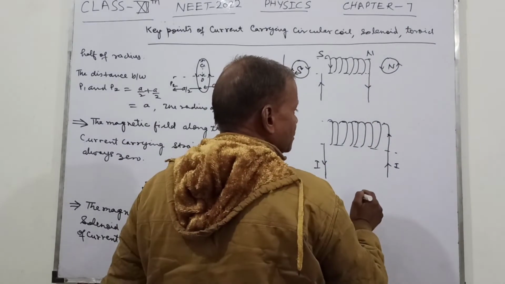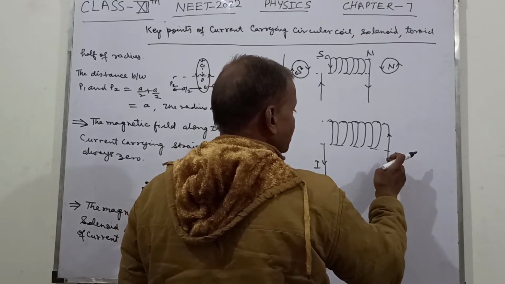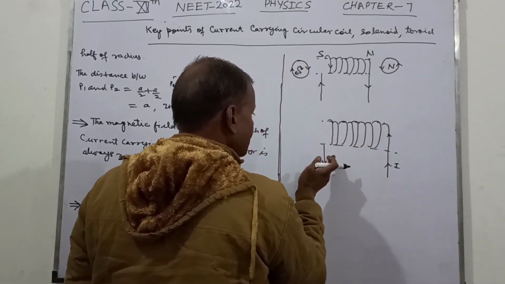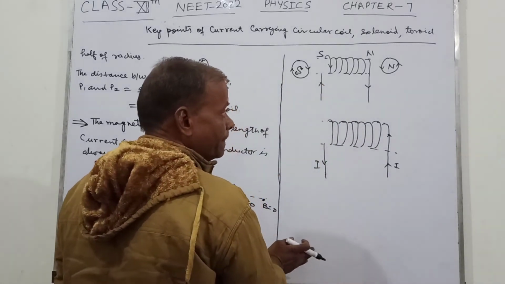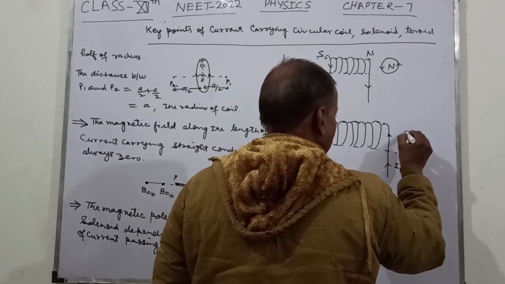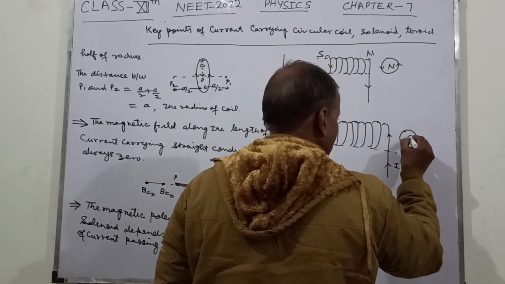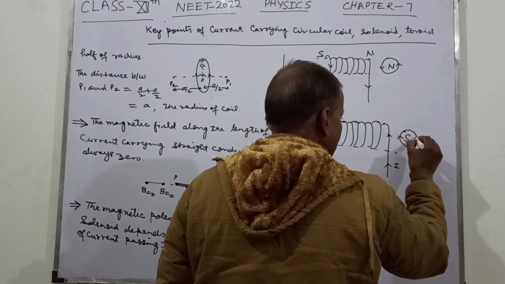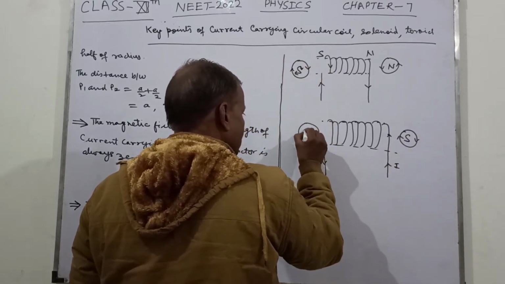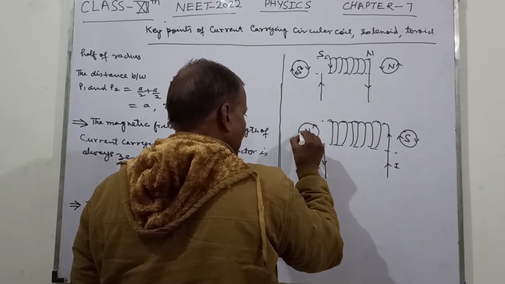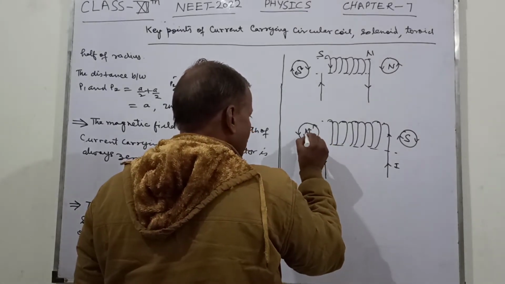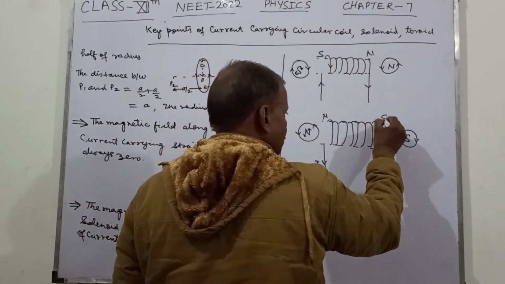So what is happening? The current is going in, then this is appearing like this, then going here, and then finally this is coming out to be here. So this will be the south pole. Now current is like this, south pole, and here the current is like this. So this is now north pole. So this is now north and this is now south.